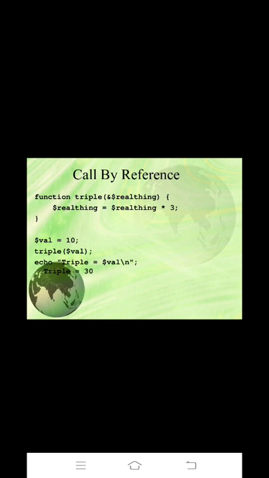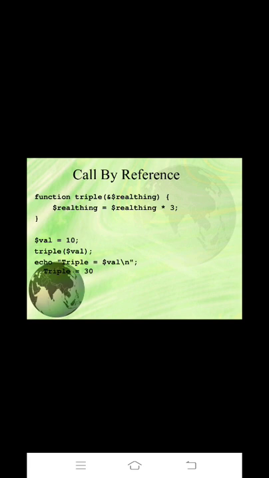See this function triple with an address. Instead of passing the value, it passes the address. After passing the address, the value that is there at the address is substituted, meaning it is assigned to the variable. See, $value is equal to 10 here, now triple($value) with 10.